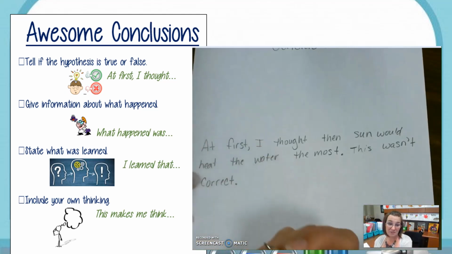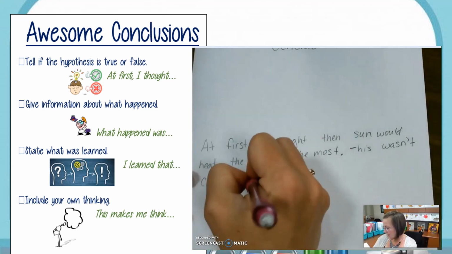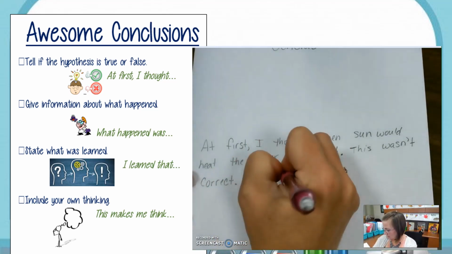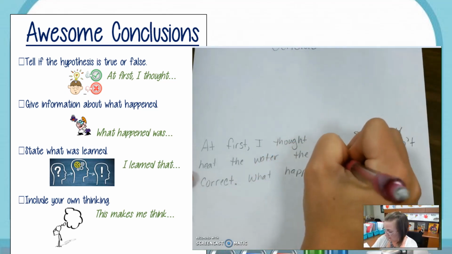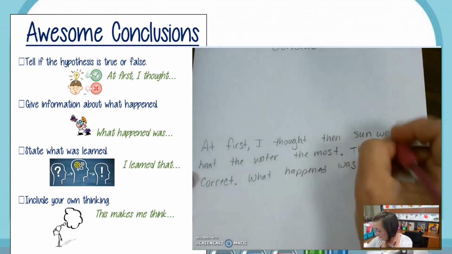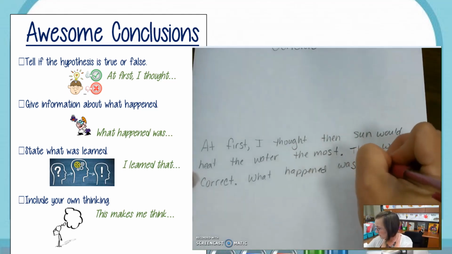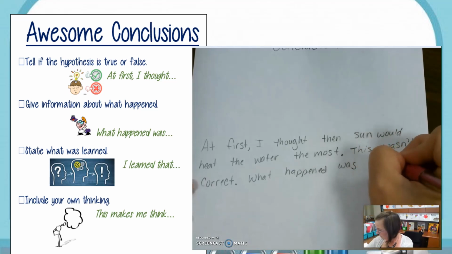So now I'm ready for step 2. Give information about what happened. What happened was, and remember, I don't have to share all the results. I can just summarize quickly. What happened was the air, I have to remember what I was going to say.